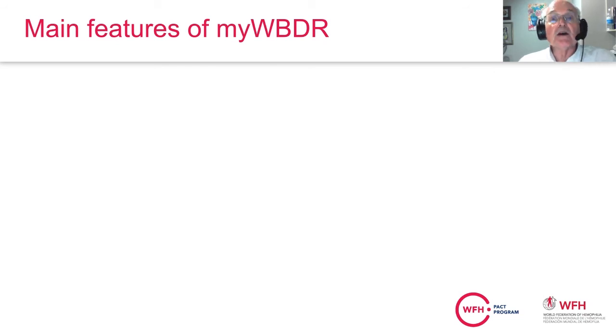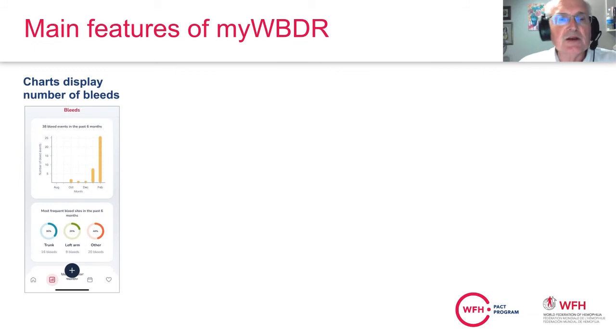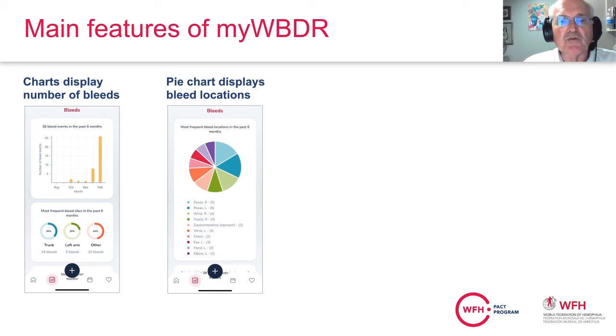There are some very fancy visual features of the MyWBDR. You can see on the left that this patient has had more bleeds in the beginning of the year. And in the middle is a pie chart of all the bleeds in the last 6 months. And you can see in the light blue and blue that there have been 10 serious bleeds.